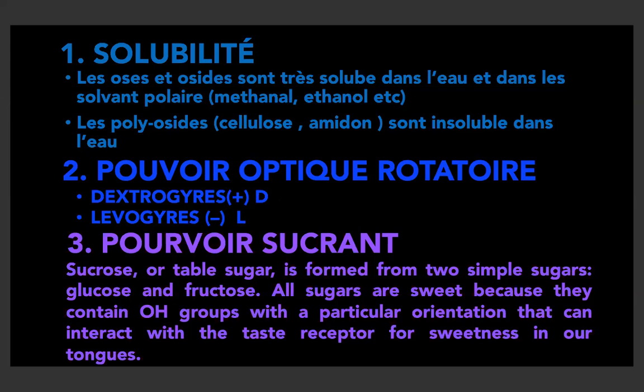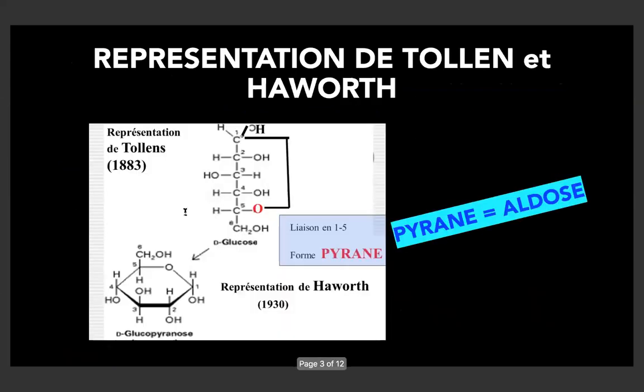Its response is positive. If it has a positive response to the light you are subjecting the molecule to, we call that response dextrogyl, and the molecule will be called D-glucose, because when this glucose molecule was subjected to a special type of light, it had a positive reaction to that light.